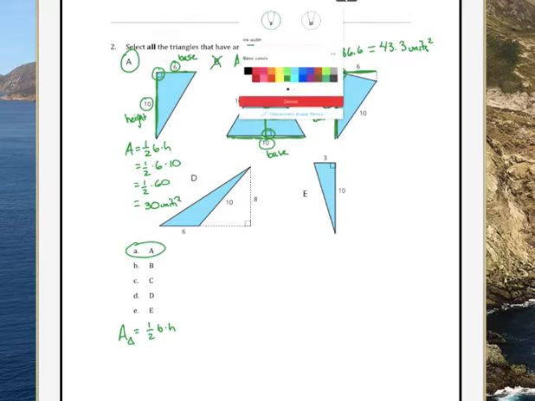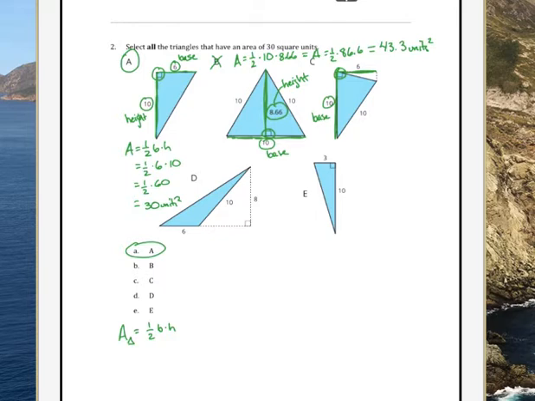I'm going to get a different color, and say I wanted to draw a height from this point right here, the very top, to this green base over here on the left. I would just drop a line straight down like that, and I'd mark it perpendicular.